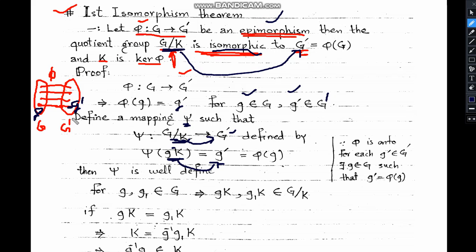Every element of G dash is the mapping of an element of G. We have already supposed that g dash is the mapping of this g. So here we have established a relation: psi of Gk is equal to g dash, which is equal to phi of g. It means we have established a relation between psi and phi. So this new mapping psi can be used here. It means it is well defined.